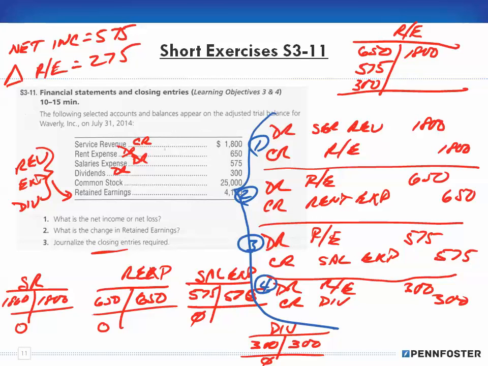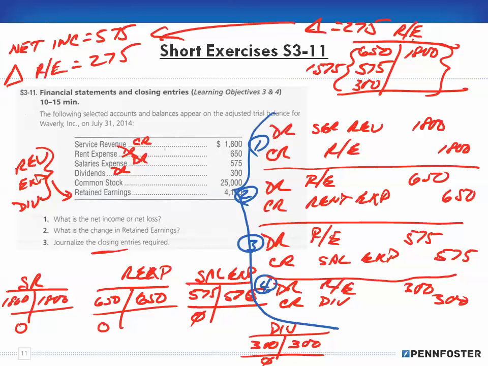So let me write that in there. So there's 1575 on the debit side, less 1800 on the credit side, right? So the change, right, is 275, which is what we did for number 2. Okay, that's the change in the account.